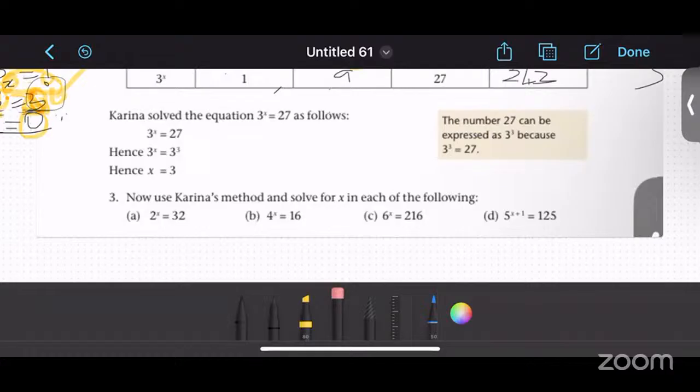What do you mean by that, Manahil? Square root of 32 equals 4. I don't know, ma'am.